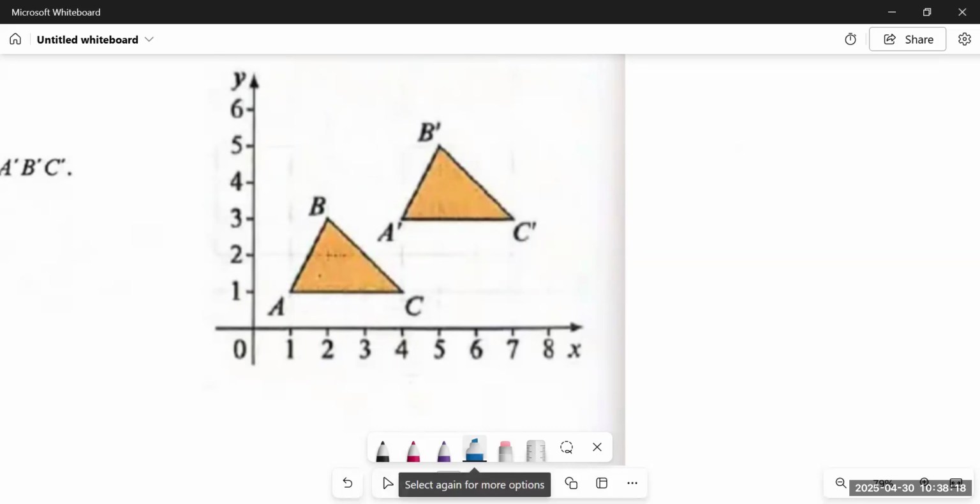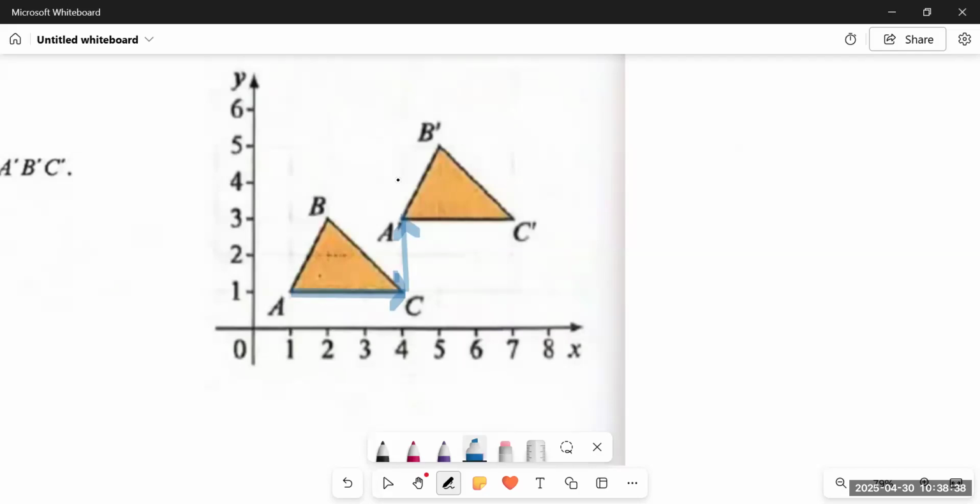I'll move 1, 2, 3 squares to the right and 1, 2 squares up. So this is a translation of going 3 squares to the right and 2 squares up.